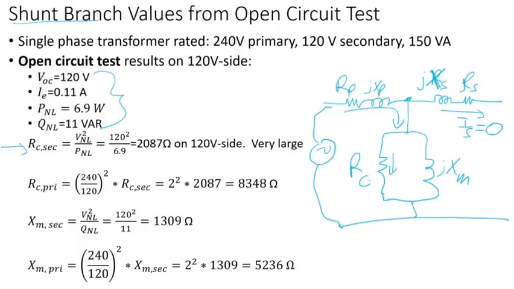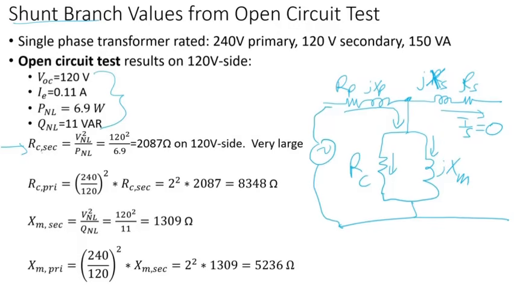The transformer has a core which will have some losses. We'll represent that by RC. Also, to establish the magnetic field required for induction to work in the transformer, we have to provide magnetization. So XM will do that.